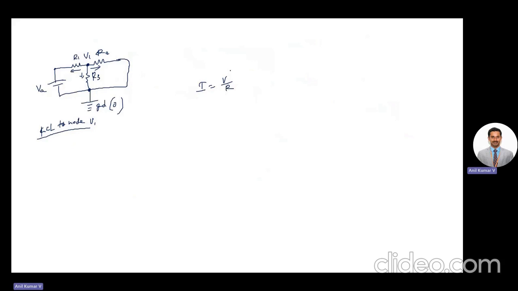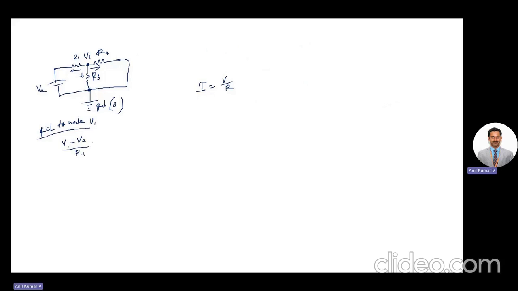The higher potential is taken as positive and the other potential as negative. Since the current is flowing from V1 to VA, we take V1 minus VA, the whole divided by R1, which is the current through the R1 branch.